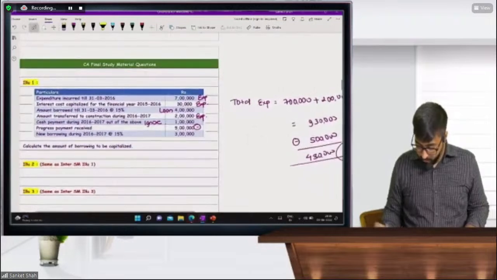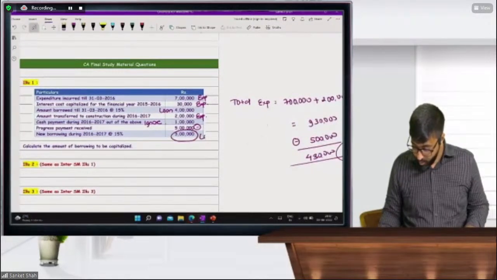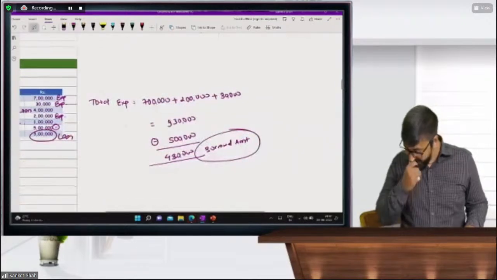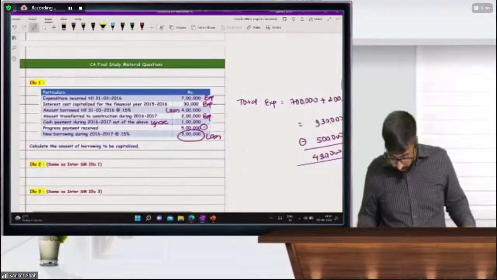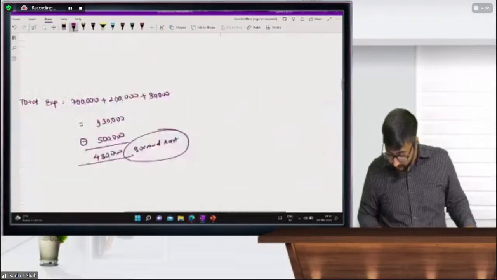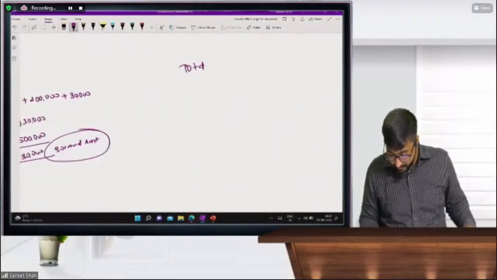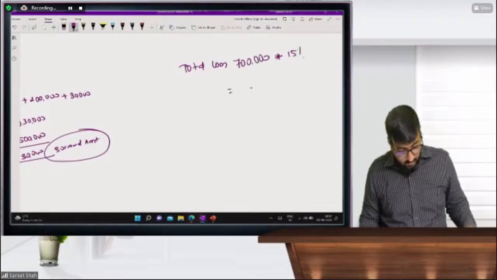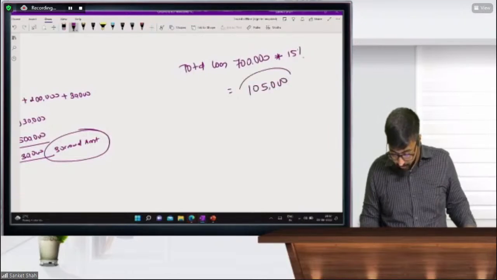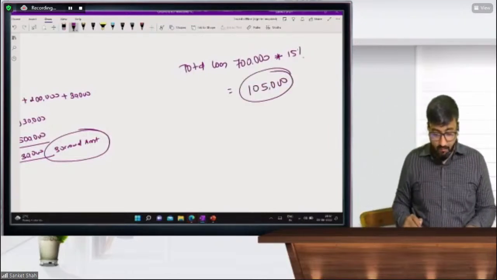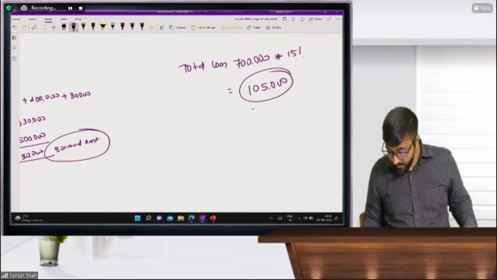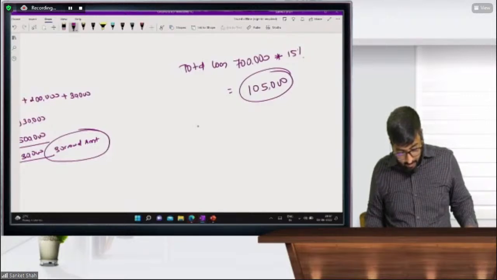So new borrowing is again loan. So your total loan is 7 lakhs. And your interest rate is 15%. So you spend 1,05,000. Now 1,05,000 is interest.